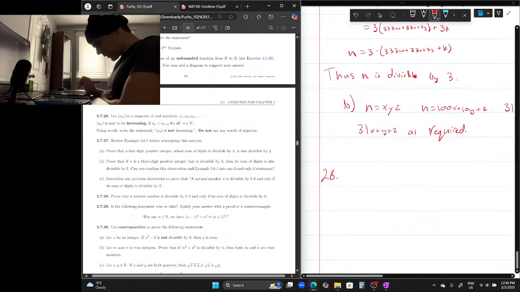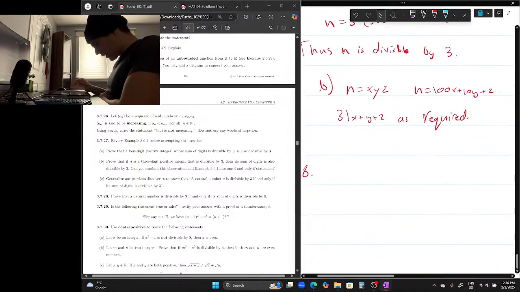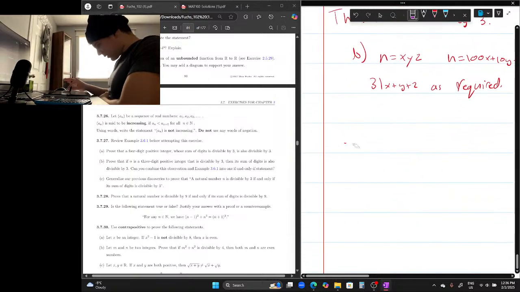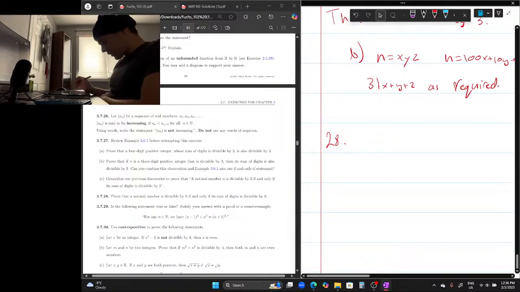28. Prove that a natural number is divisible by 9 if and only if its sum of digits is divisible by 9.